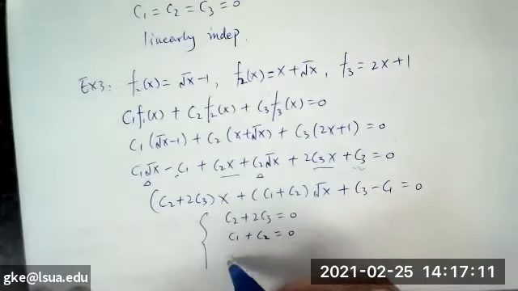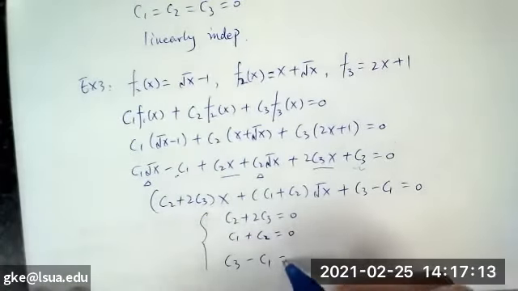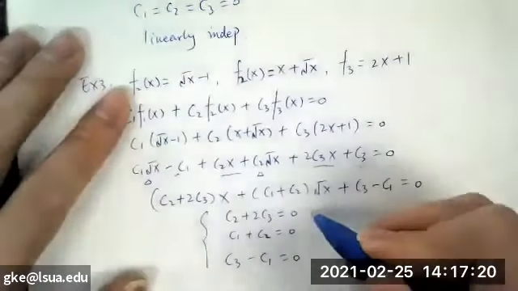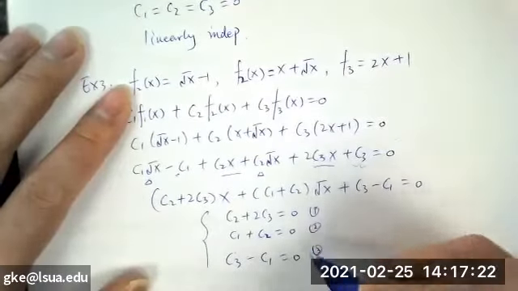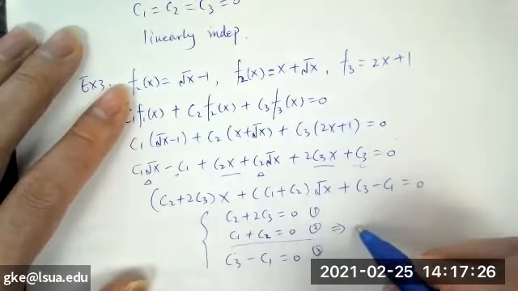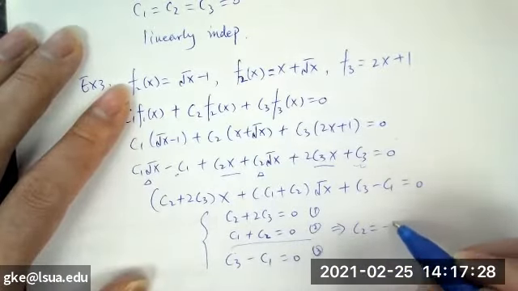C3 minus C1 equals 0. And we have 3 equations. From the second equation, C2 equals negative C1.